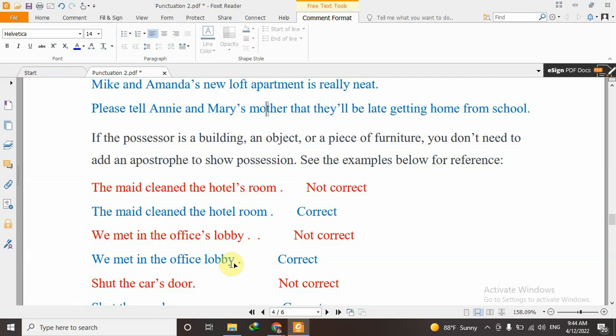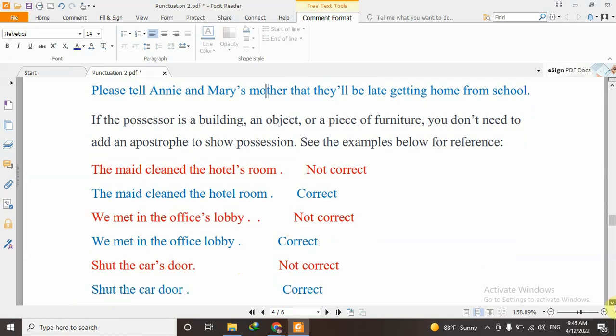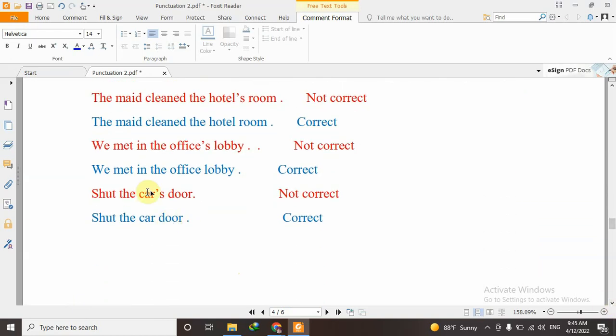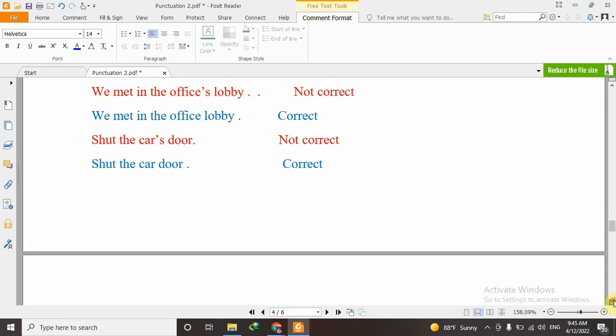The hotel swimming pool, not the hotel's swimming pool. Shut the car's door, no. Shut the car door, or you can say the door of the car. If you want to keep the sequence of the words, you can say shut the car door.